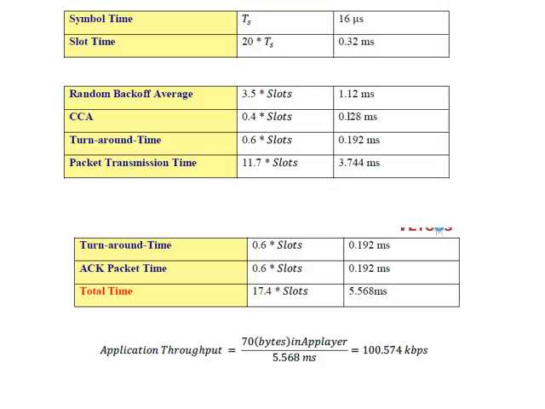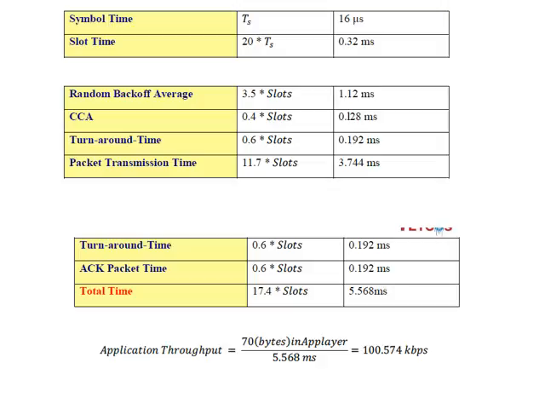That is 16 microseconds times 20, which is 0.32 milliseconds. Similarly, the random backoff average, the CCA, the turnaround time, and the packet transmission time are calculated using the number of slots dedicated to them.